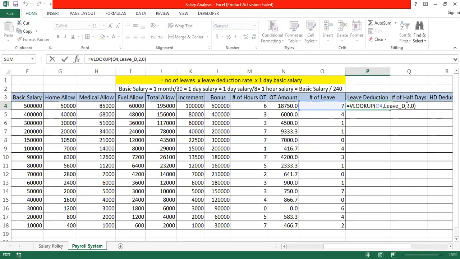Now further I'm going to multiply this leave reduction rate with number of leaves multiplied by 1 day basic salary. So how can I calculate 1 day basic salary? Total basic salary divided by 30 will give me the 1 day basic salary.